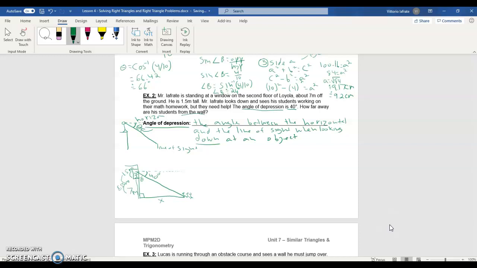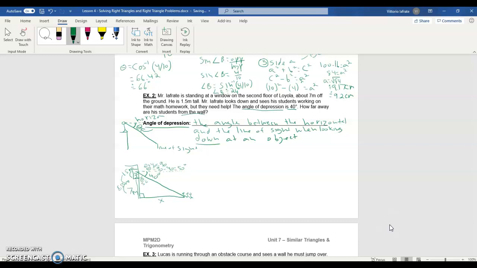So to find theta, theta plus 40 is equal to 90. Therefore, theta is equal to 90 minus 40, which is 50 degrees. So this angle here is 50 degrees.